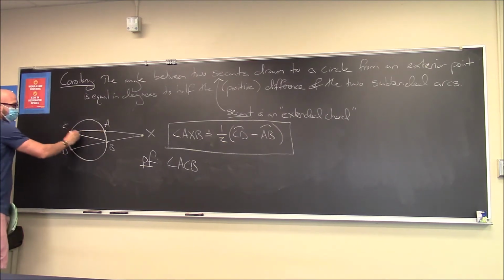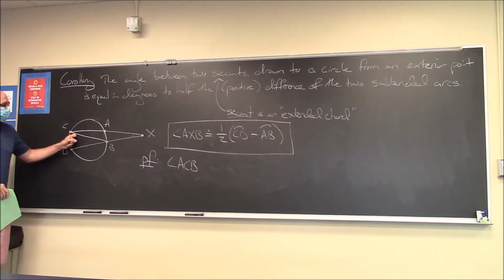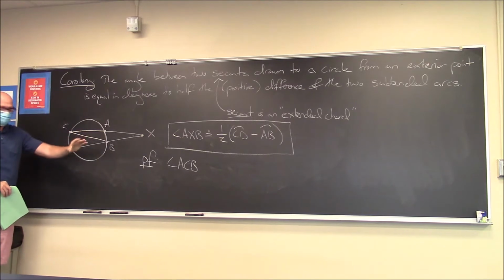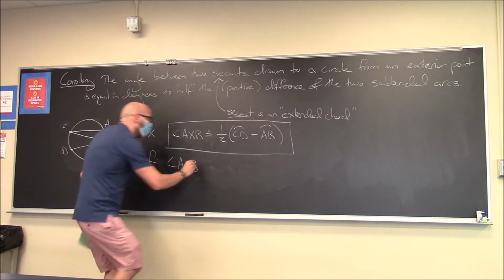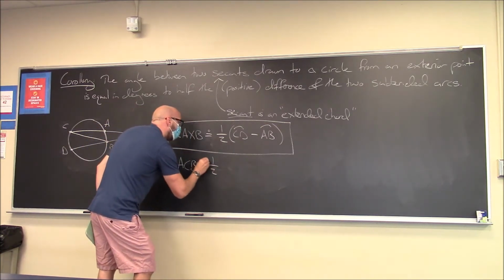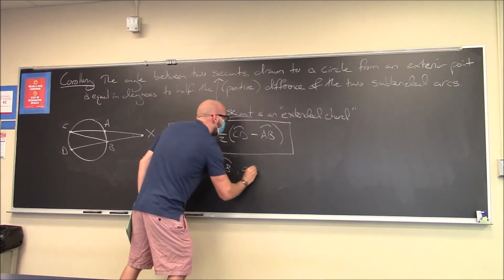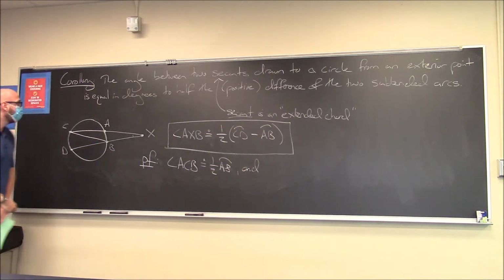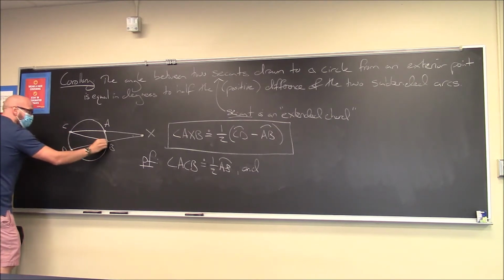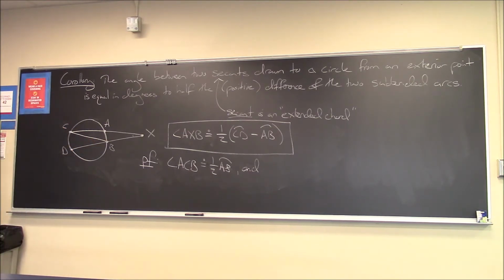Angle ACB, this inscribed angle, that's related to this subtended arc, and this angle, in degree measure, is equal to 1/2 of this subtended arc AB, right? So this is 1/2 of AB. And this angle here, CBD, that's 1/2 of its subtended arc, CD.